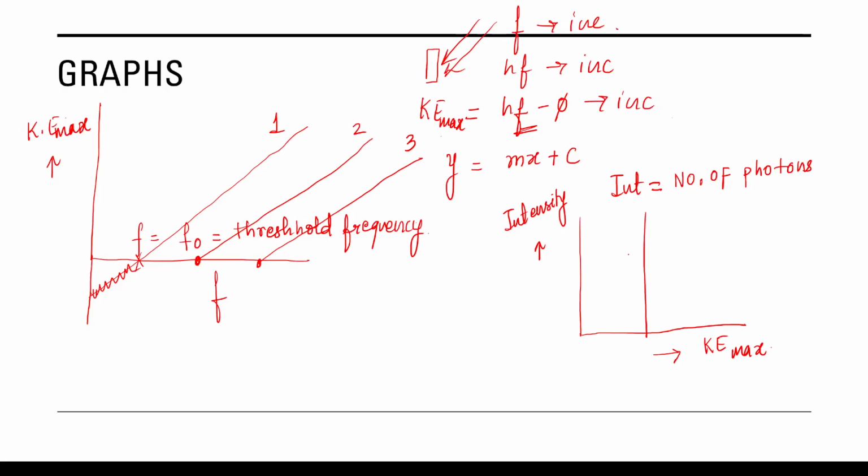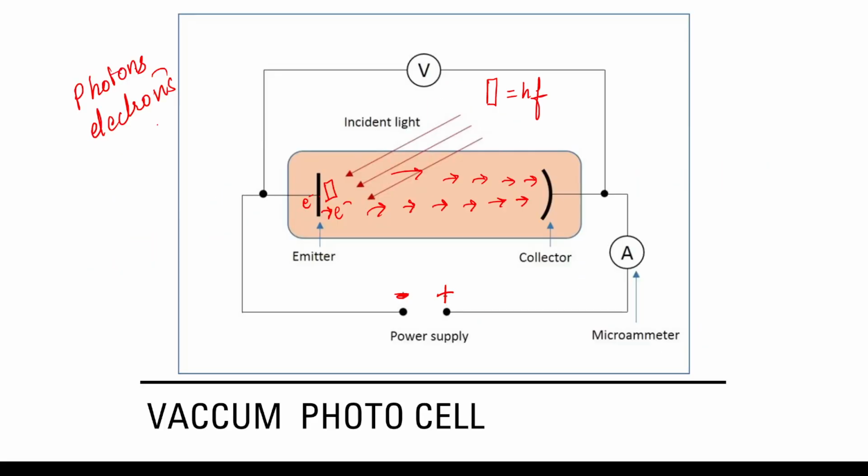Another kind of graph which comes is on stopping potential. So see here. Now if I make this negative and I make this positive, okay, so this plate becomes negative. Now what is this plate trying to do? It is trying to stop the electrons.